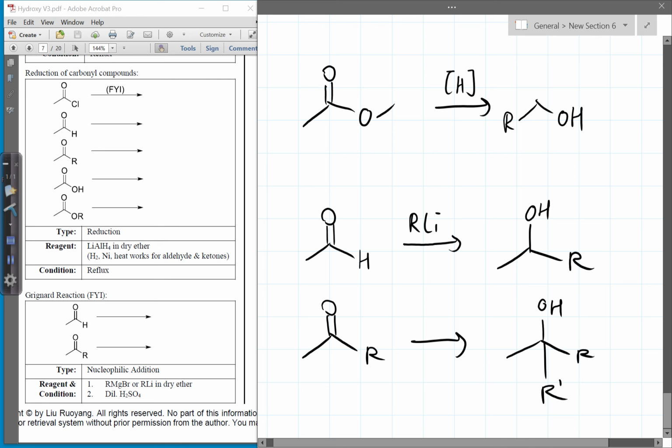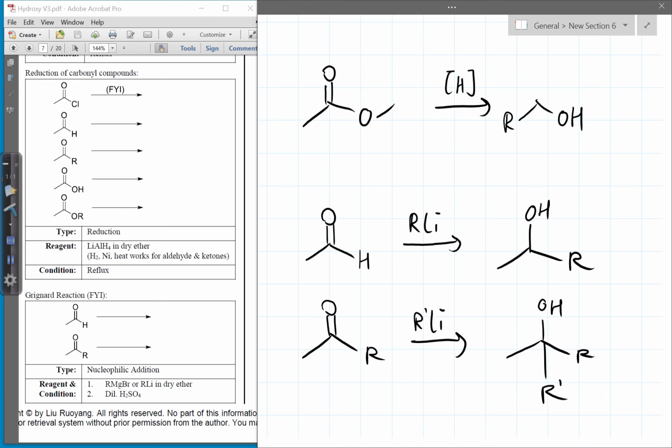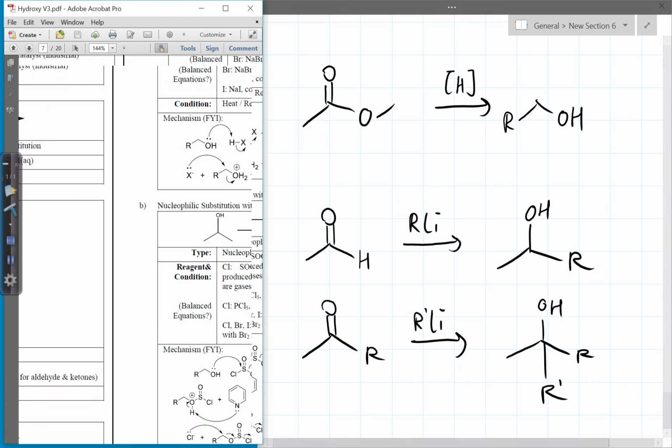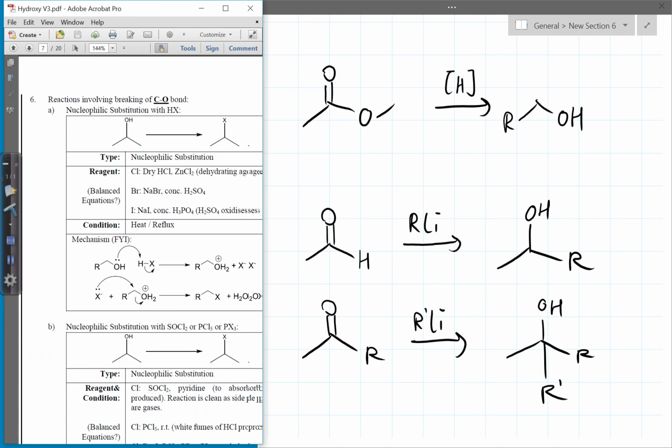Right, if you use an R prime, so you see that I'm basically just adding the R prime to here and making this to OH. Right, we'll talk about this mechanism when we talk about carbonyl, right? So reagent conditions, your organometallic compound in dry ether, same thing because they're very reactive. And second step is to use dilute H2SO4, right? We'll explore this in carbonyl, so don't worry for now.